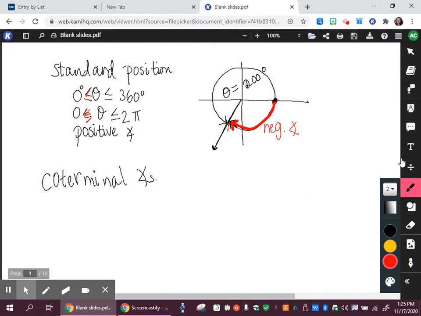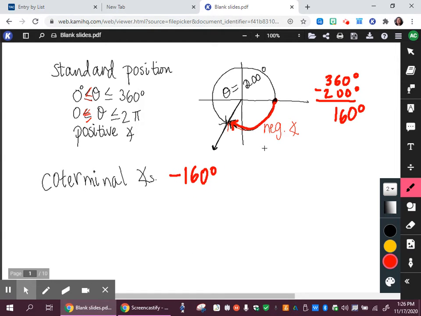If from the positive x-axis counterclockwise to the terminal side is 200, then what would this remaining negative angle be? What I would tell you to do is take 360 and subtract 200 from it, which gives you 160 degrees. So a coterminal angle would be negative 160 degrees.